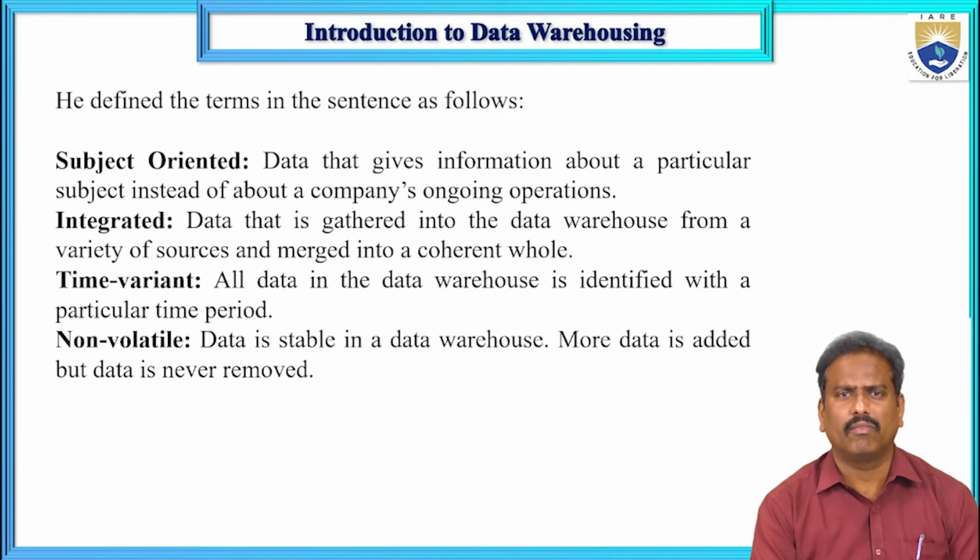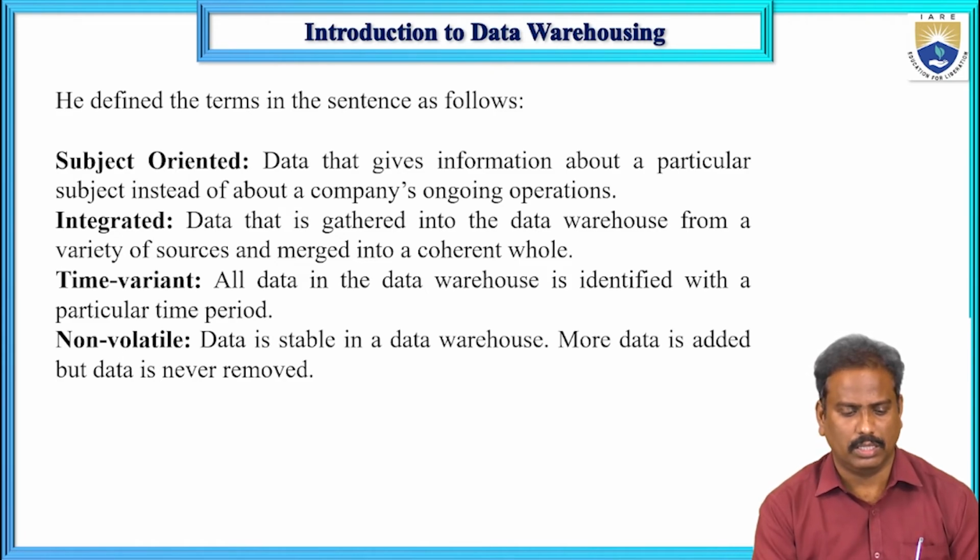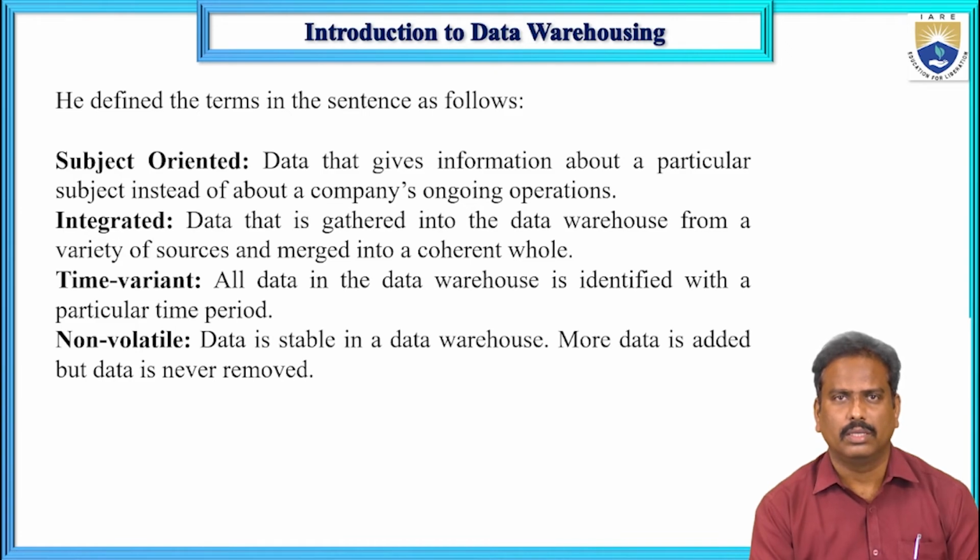After a year or after 10 years, the data remains constant; it is the same and has not changed. So we say it is non-volatile. The data is not changed. These are the four parts in defining the data warehouse given by Bill Inmon.